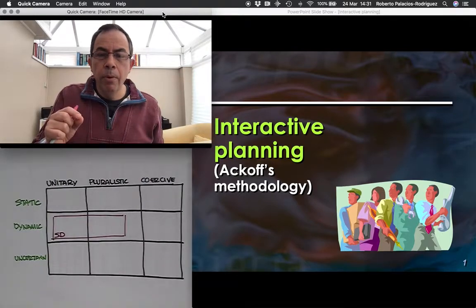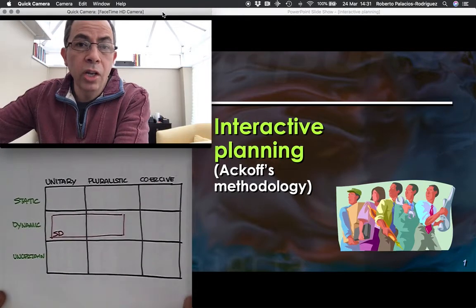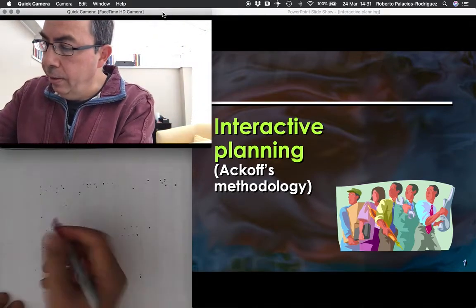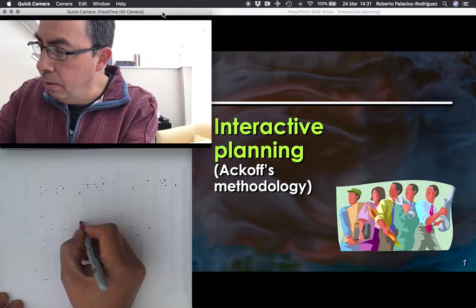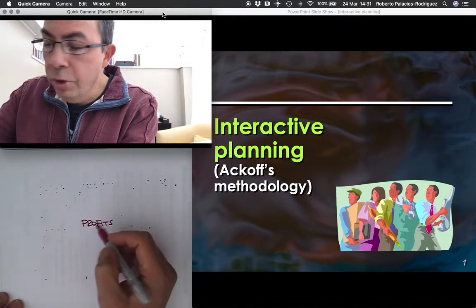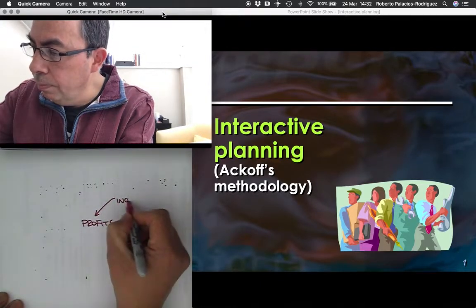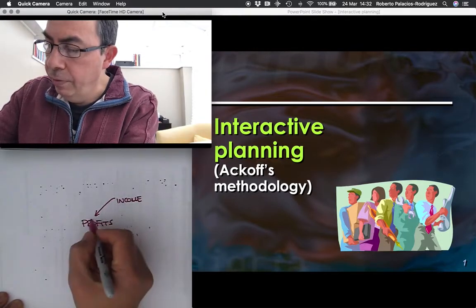System dynamics, remember, is where we have this idea of causal loop diagrams, right? If you recall, we had, let's say, a variable, it could be profits, which is a function of different variables. The level of income, the higher the income, the higher the profits.